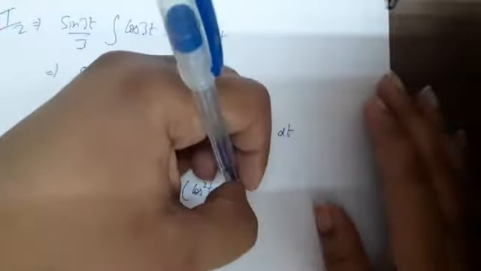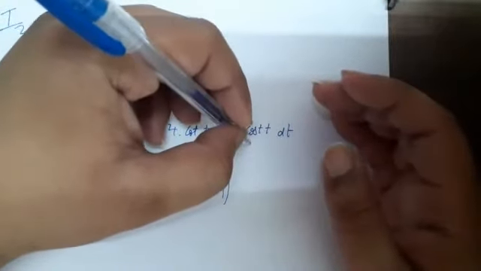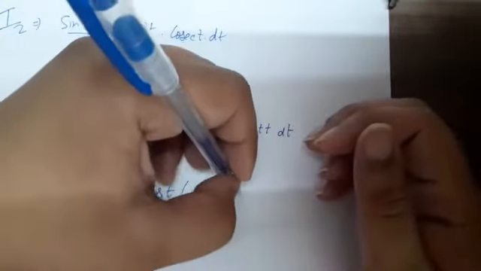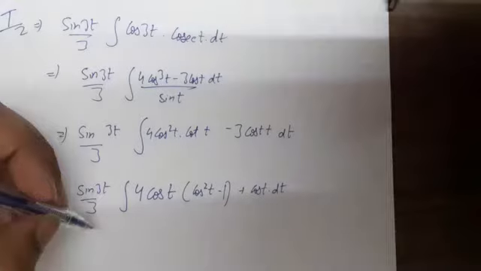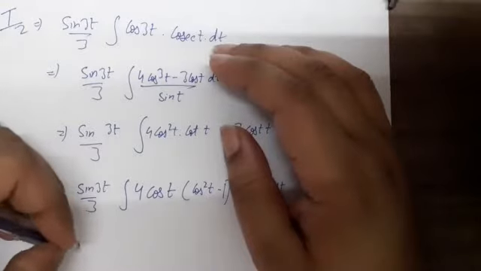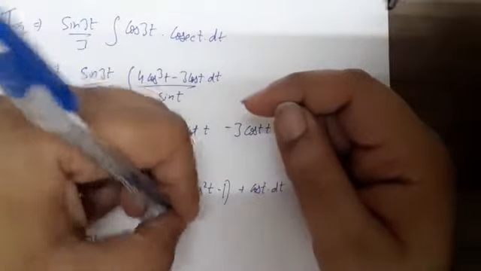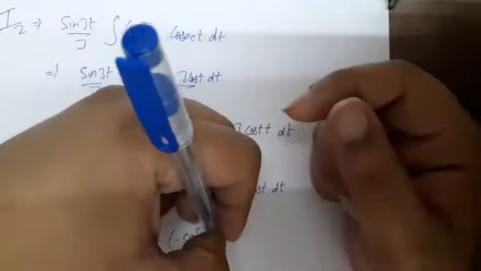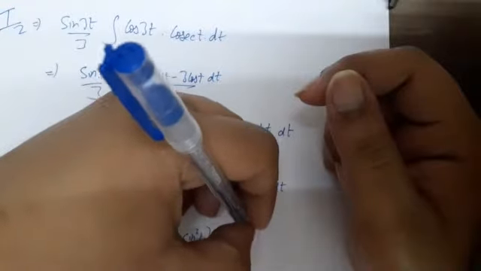What we have done is taken minus 3 cos t as minus 4 cos t plus cos t. Further solving, cos square t minus 1 will be minus sin square t.